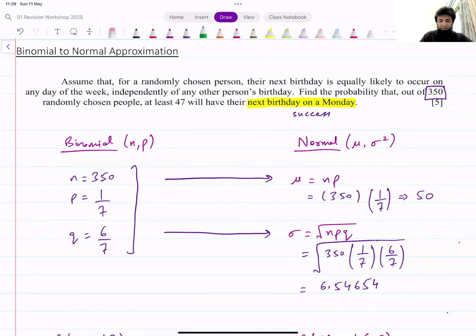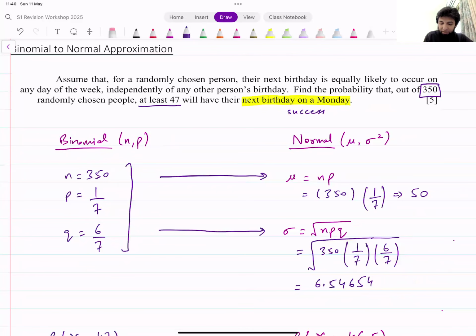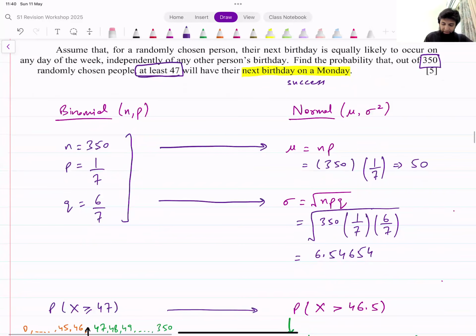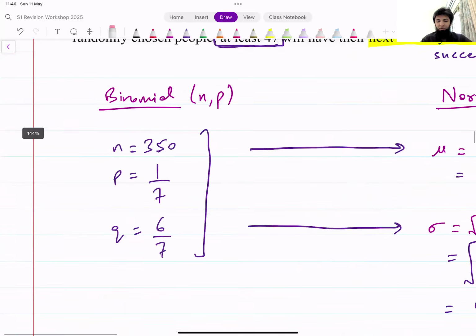So we could say it's a binomial distribution because n is 350. Probability of success is 1/7. If you call having your birthday on a Monday a success, then probability of failure would be 6/7. So what we're actually looking for now is probability that you have at least 47 successes, so that becomes x greater than or equal to 47. That's what you have to find in binomial distribution.